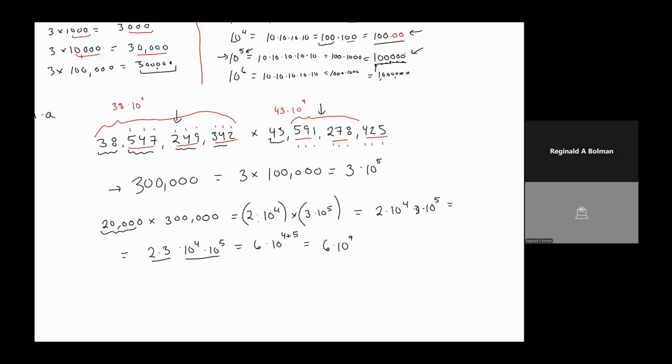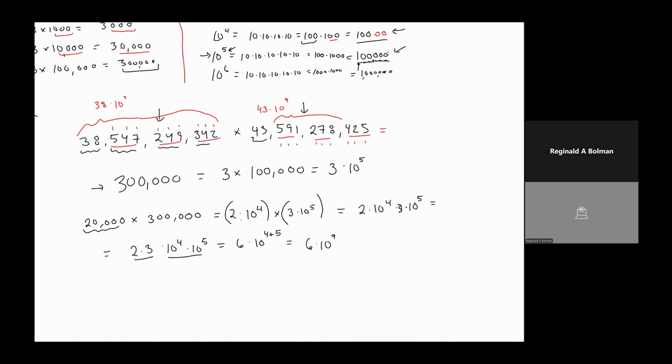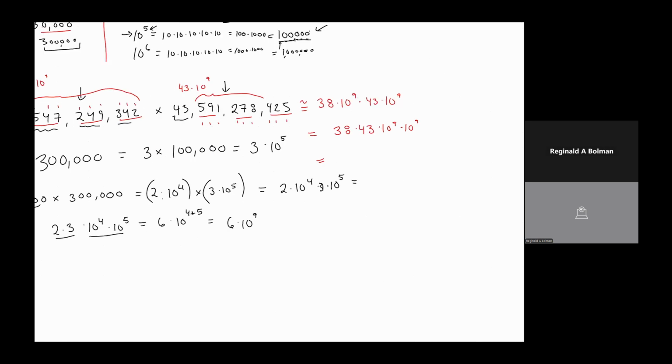And now we can perform this calculation instead. We'll say that 38,547,249,342 times 43,591,278,425 is roughly equal to 38 times 10 to the 9th times 43 times 10 to the 9th. At this point, you can shuffle around your numbers. You'll have 38 times 43 times 10 to the 9th times 10 to the 9th. And so 10 to the 9th times 10 to the 9th gives me 10 to the 18th. That's so ridiculous.